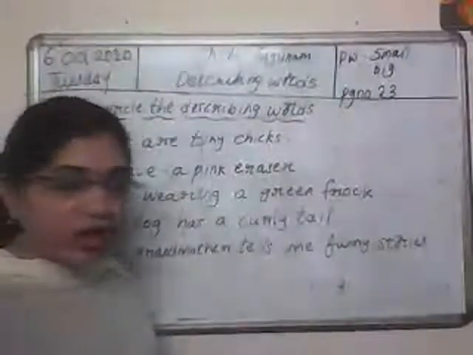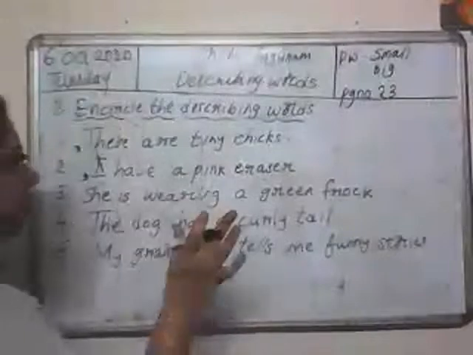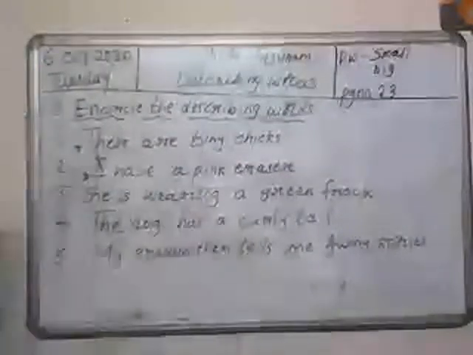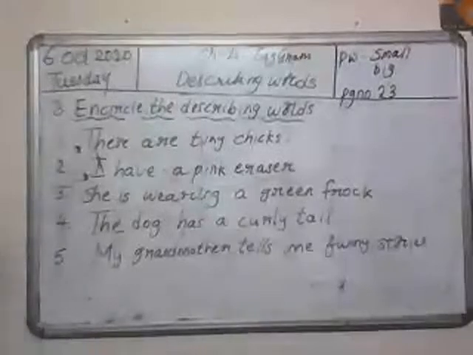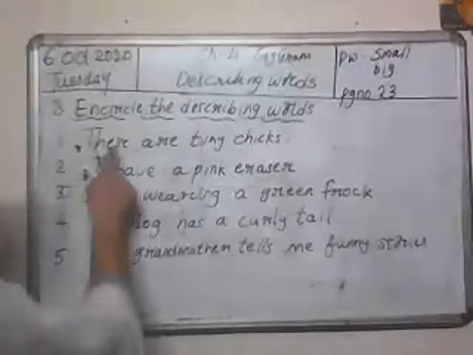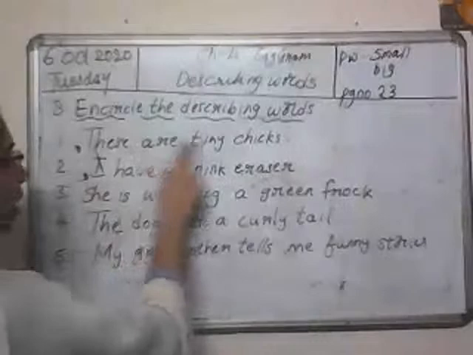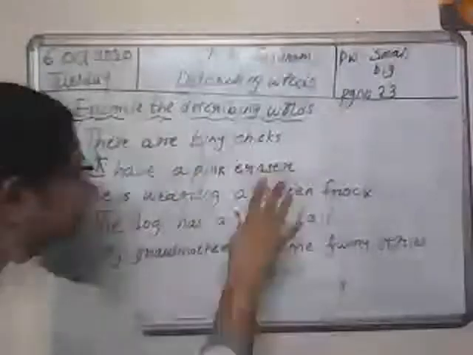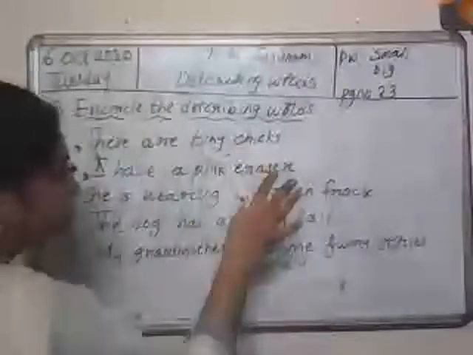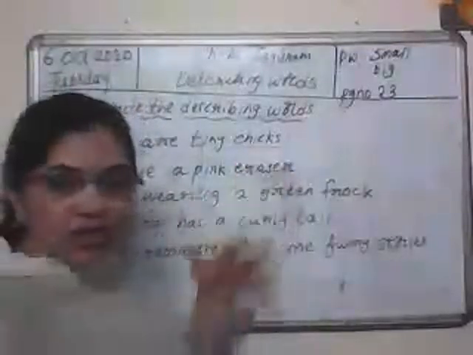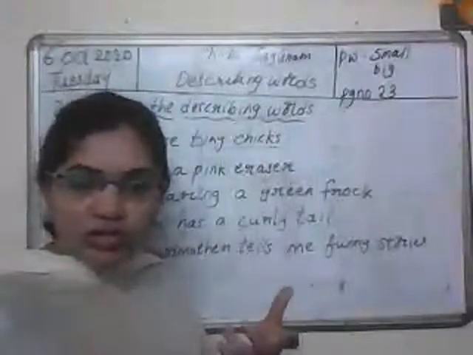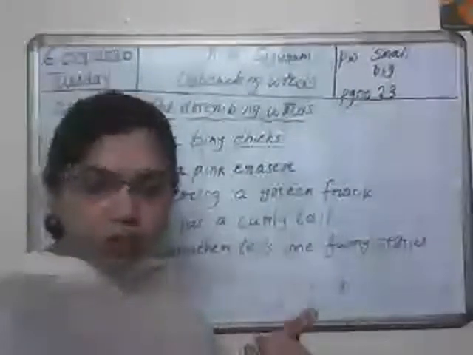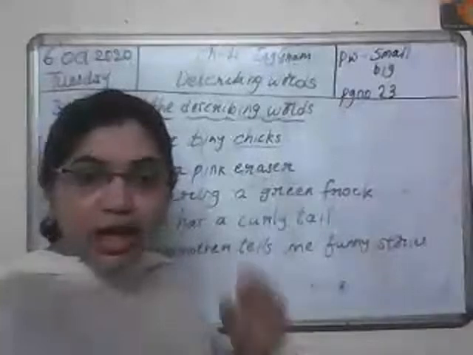Encircle the describing words. Let us read this sentence, find a describing word, and then circle the describing word. First one is, these are tiny chicks. If you see the chicks, what is chicks? Chicks is a naming word, noun, right? Chick is a baby hen.